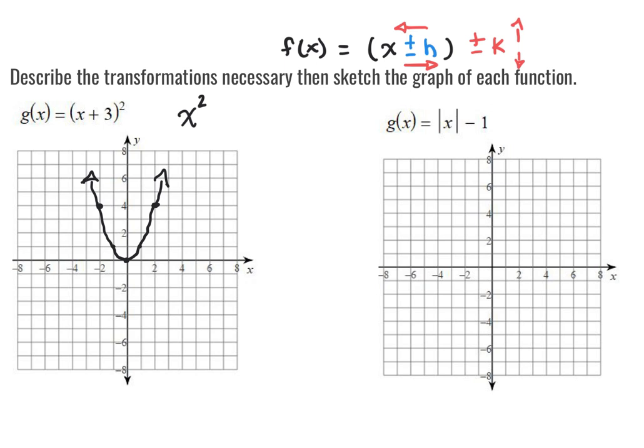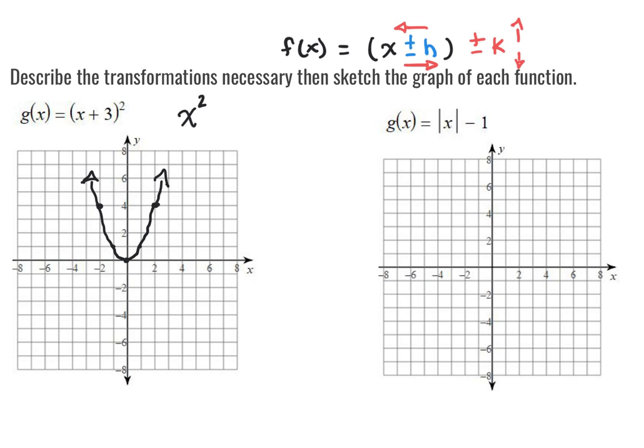Now it says (x + 3) in parentheses squared. Because the 3 is inside the parentheses, it is directly affecting the x, which means this is going to be a horizontal translation. Because it says plus 3, I'm going to follow my image on top. When it's plus, we're actually going to go left.